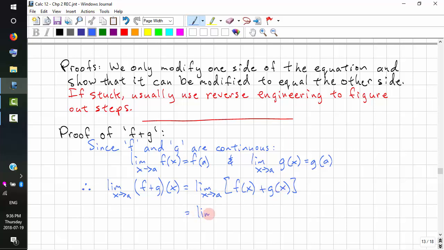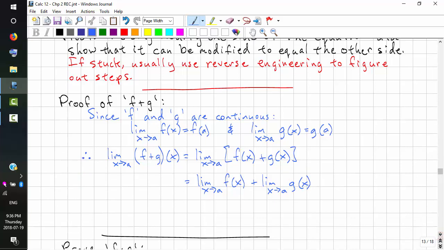So we break up our limits using our limit properties. And we have f of a plus g of a, and that is f plus g of a. And we write QED, quod erat demonstrandum. Okay, so we have the limit equals the value. So it means it's continuous.